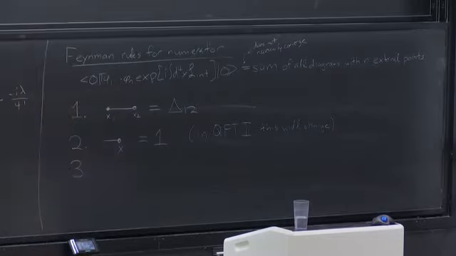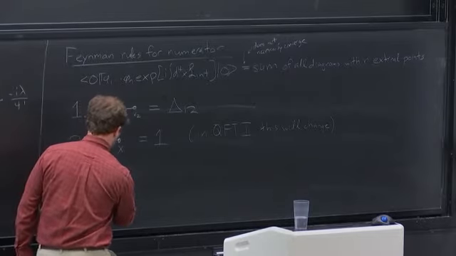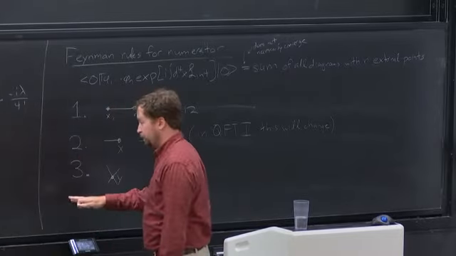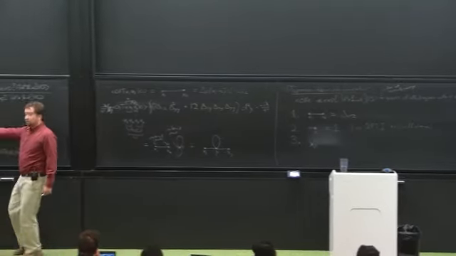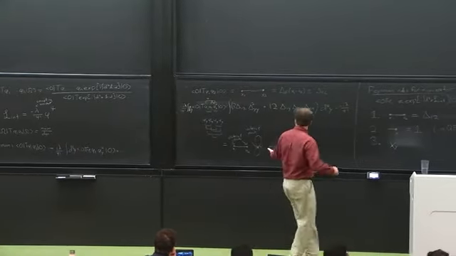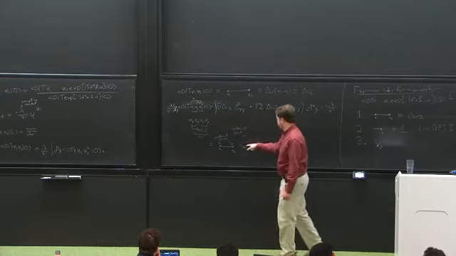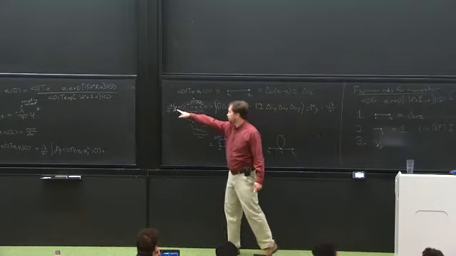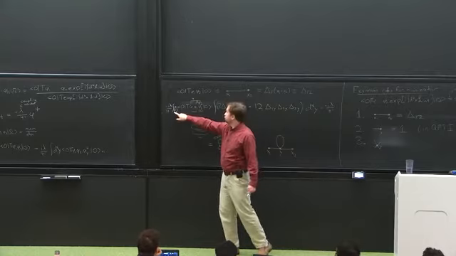Our third rule has to do with the vertices. In this theory, we have a single type of vertex because we have a single interaction term here. And for every vertex in our analytic expressions, these diagrams have vertices. They have factors of minus i lambda and integrals over the internal points.